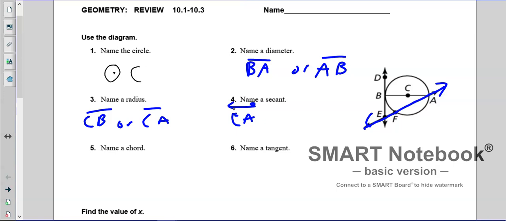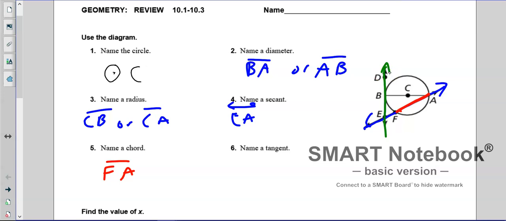Doesn't matter. All right, a chord. Well, remember, a chord is really just part of a secant. So this right here from point to point, again, or AF, but that is a chord. It is like a segment of a secant. And a tangent, that is the one that just touches the outside.